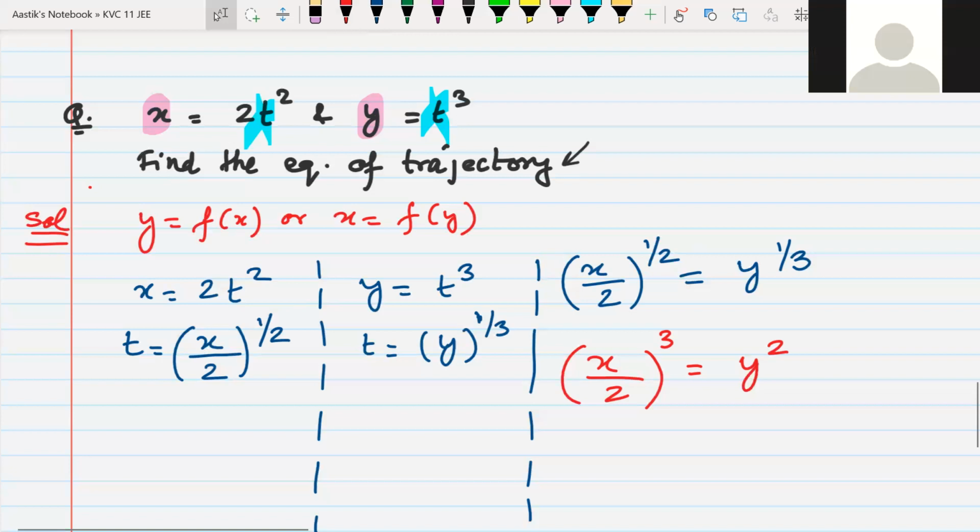If you have any doubts, please ask. What we have done here is we just eliminated t from the equation. Simple maths, no complications. Simple maths is simple.